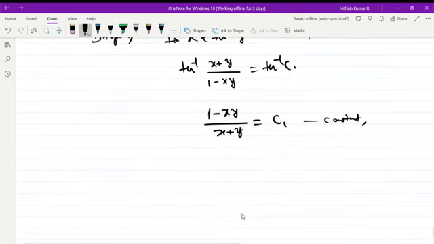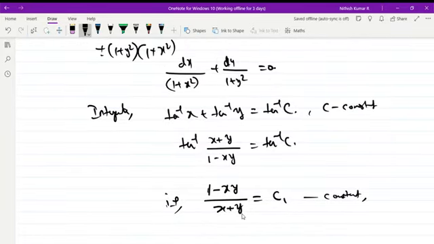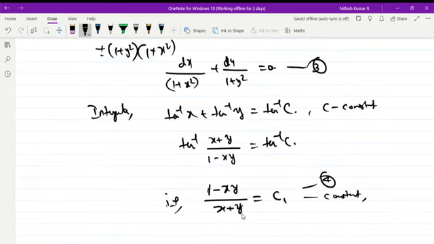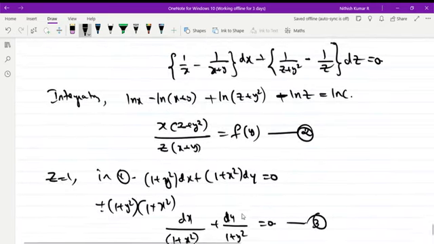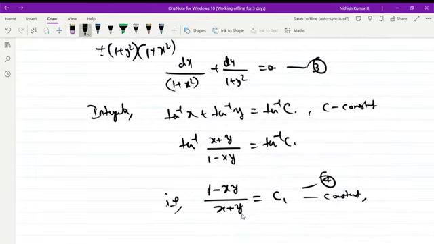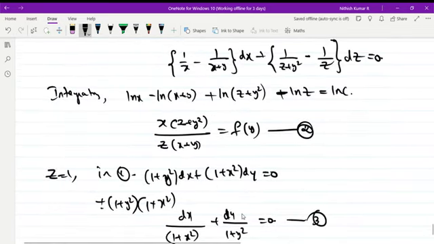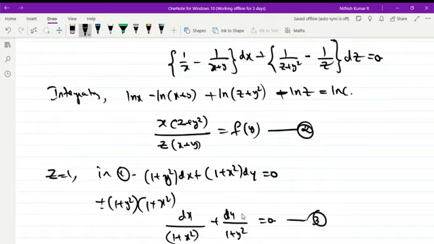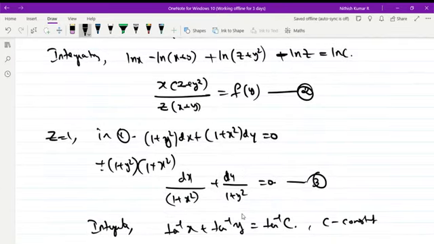Now if you observe, this solution and this solution are similar in such a way that if I take z equal to 1, it is one form of this solution in a certain case.